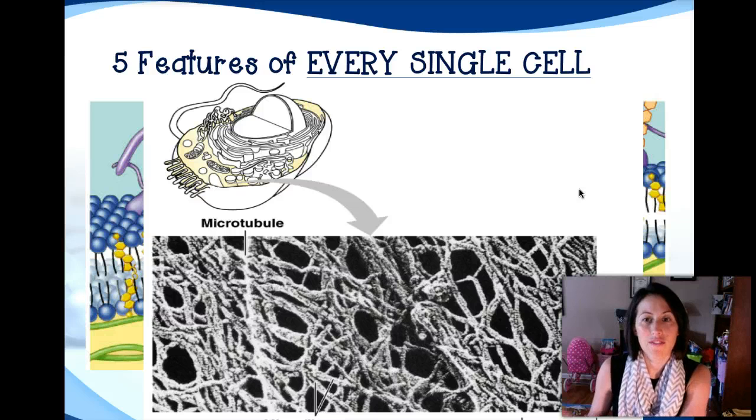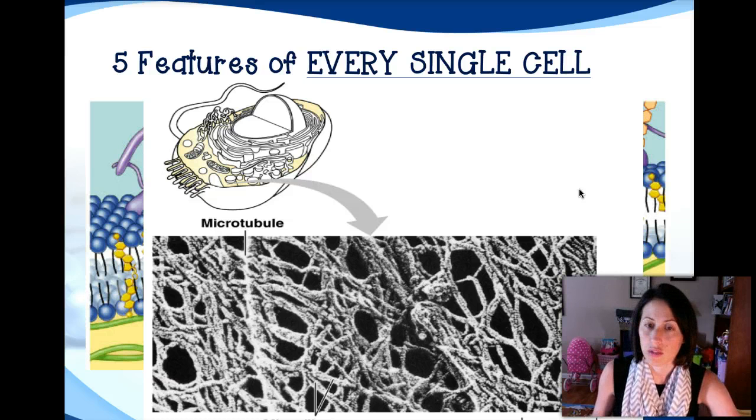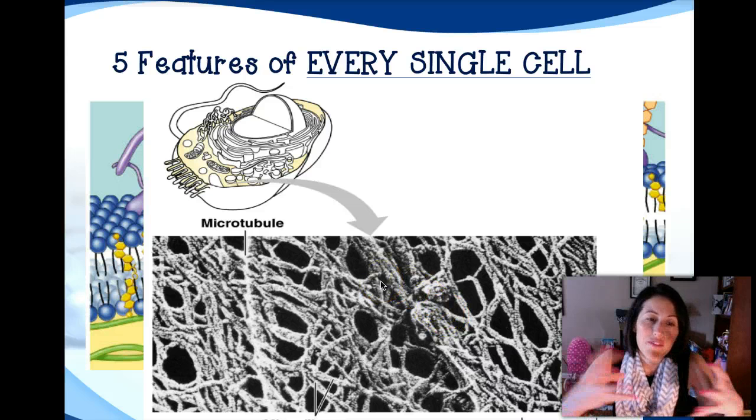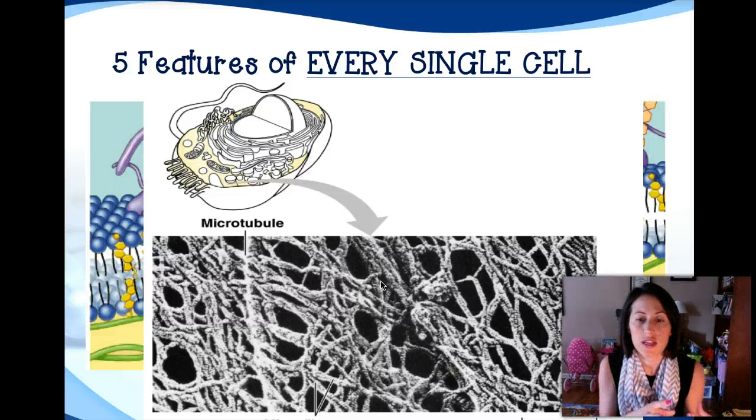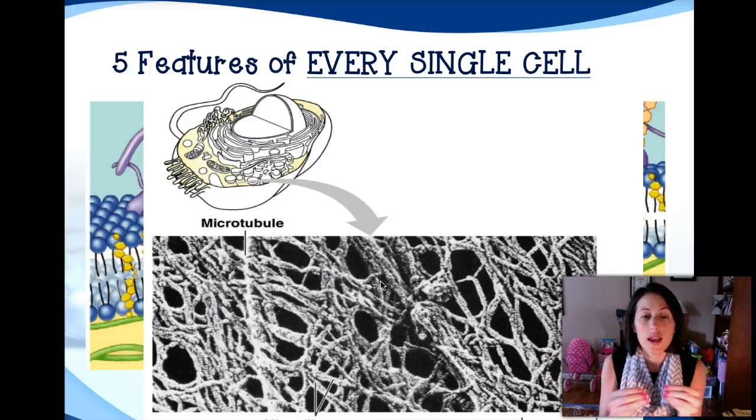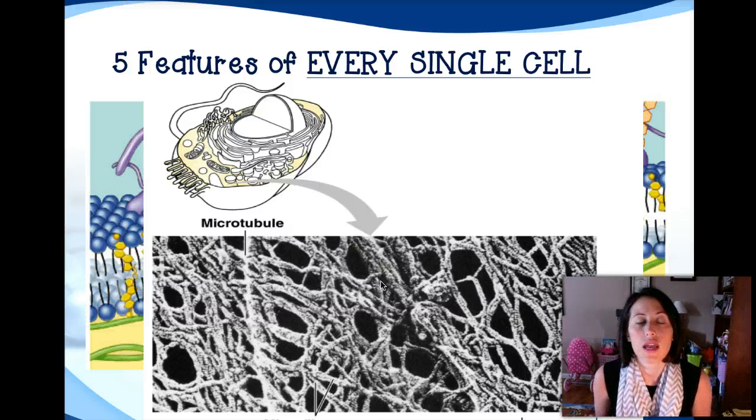The next thing that every single cell has is a cytoskeleton. You are not going to be able to see cytoskeletons when we're looking at a cell in the microscopes that we have, but this is like this big fibrous network made up of different microtubules and microfilaments and all these other things, and that gives structure to the cell, and it also allows things to move quickly throughout the cell itself, okay?